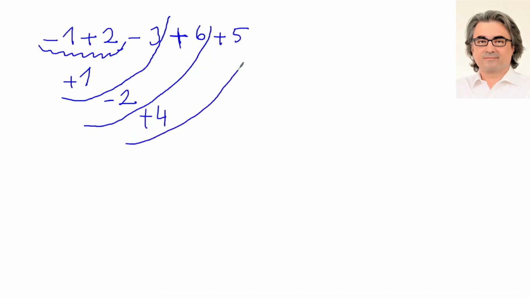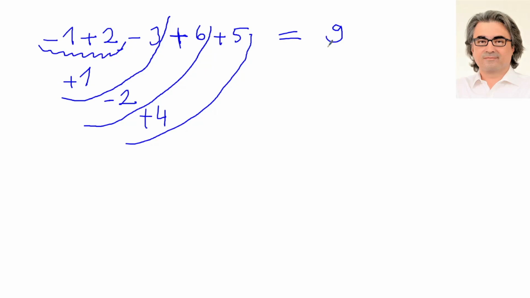And the last operation is between plus 4 and plus 5. And this will be the final result because there is no number after 5. Plus 4 and plus 5. They have the same signs. If they have the same signs, then I should find their summation. 4 and 5, their summation is 9.